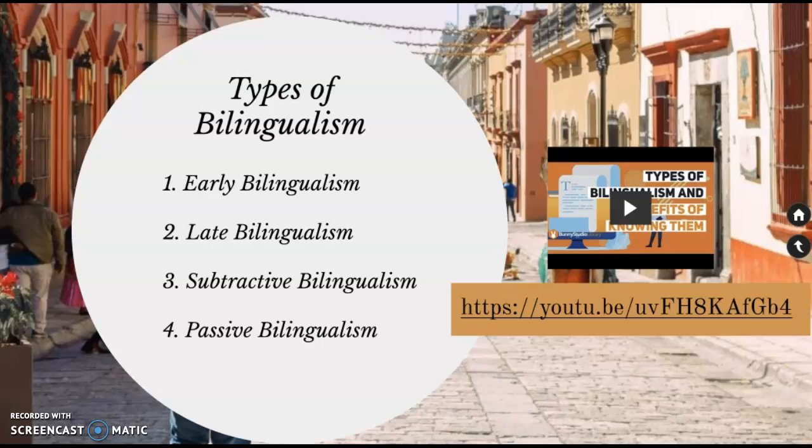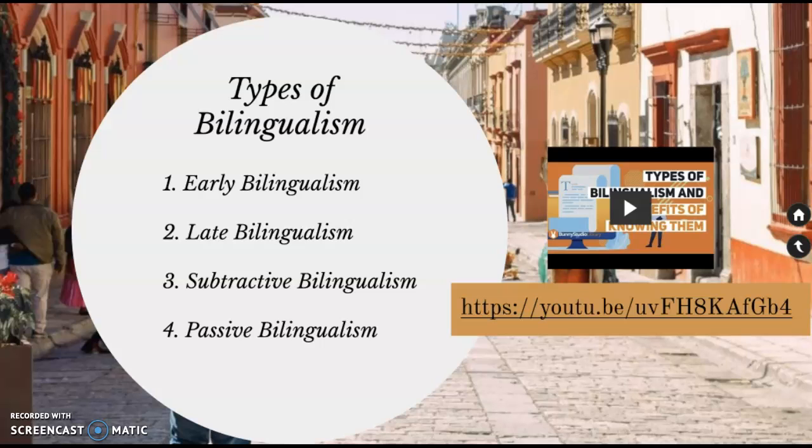6 or 7. Early and late bilingualism are the more common forms of bilingualism, and they can also be considered to be additive because the individuals can learn a second language without losing their first. Which brings us to the third type, subtractive bilingualism.